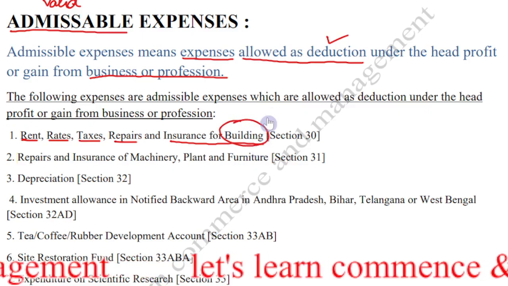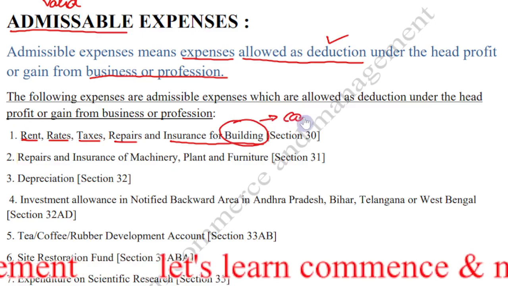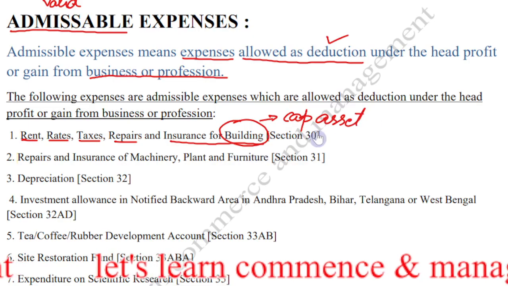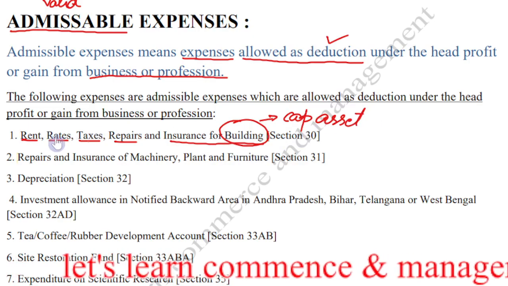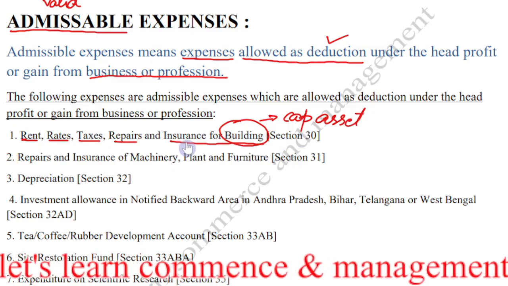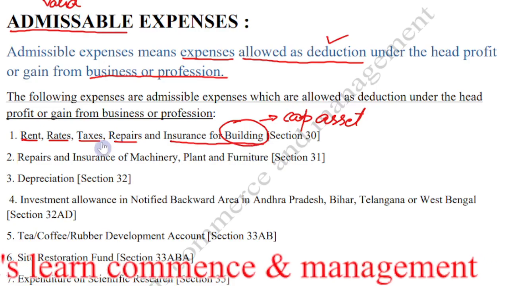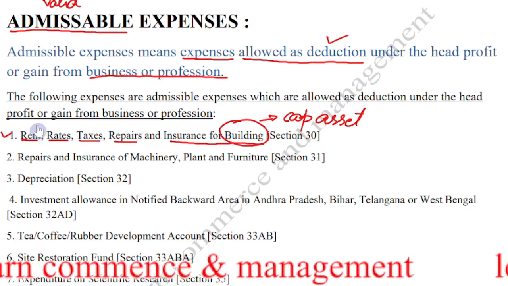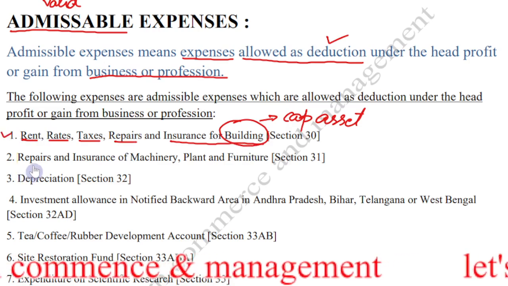Building is a capital asset. If these expenses are occurring for any building, then it is allowed as a deduction.